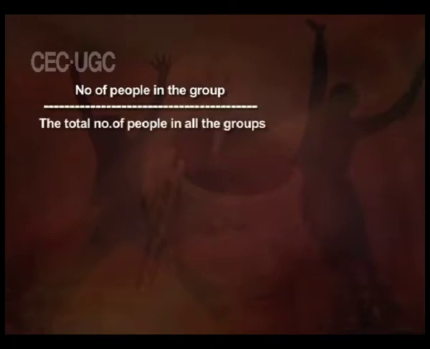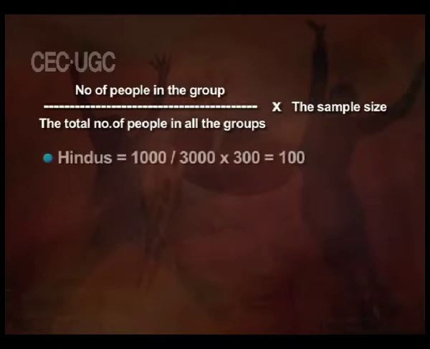How did we derive these numbers? We had used the formula applicable for proportionate stratified random sampling, and this formula is given by number of people in the group divided by the total number of people in all the groups multiplied by the sample size. Now, since our population consisted of 3,000 individuals and for instance Hindus were 1,000 in that population, we needed a sample of 300.